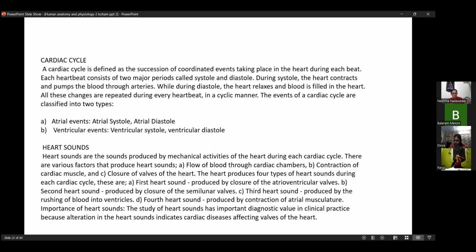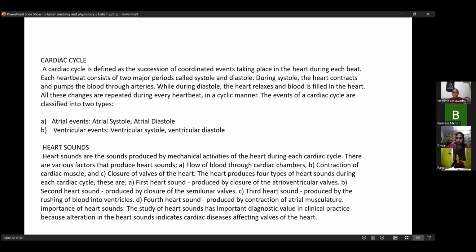We saw what is beat, 0.3, 0.8. Cardiac cycle is defined as the succession of coordinated events taking place in the heart during each beat. Atria contraction, ventricle relaxation, ventricle contraction, atria relaxation. One cardiac cycle.